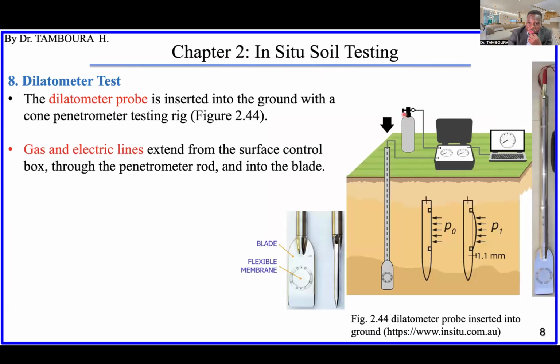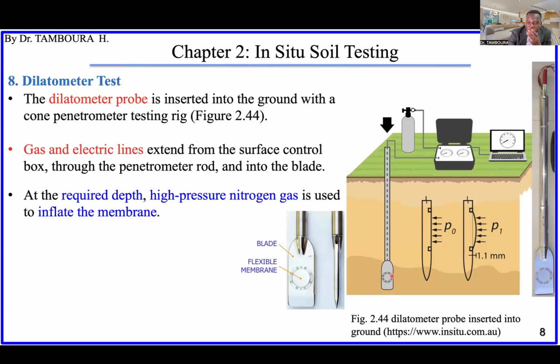We push it into the ground, and you can see this bottle, the gas, it can be nitrogen gas. These are to measure the pressure and also to record. You can see the PC that is recording. Everything is connected to the dilatometer, into the blade.